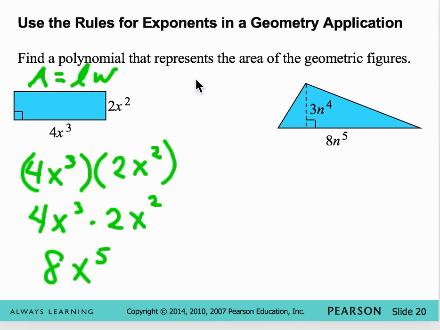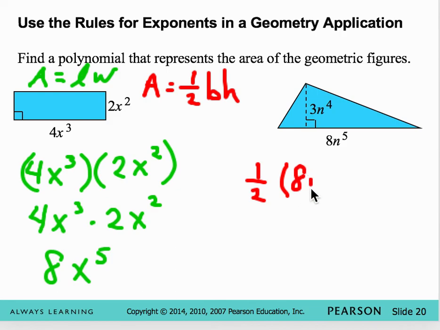So over here, I got to know the area of a triangle is 1/2 base times height, right? That's the area of a triangle. All right, so this would be 1/2 base, here's the base, times 8n to the 5th, times the height, 3n to the 4th.